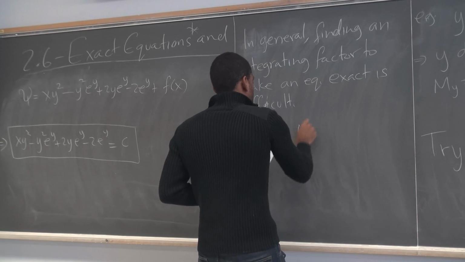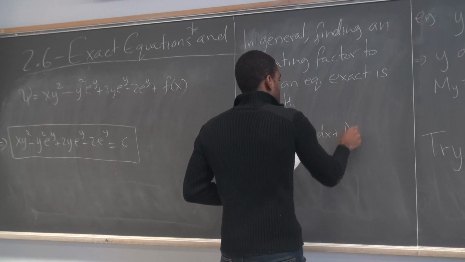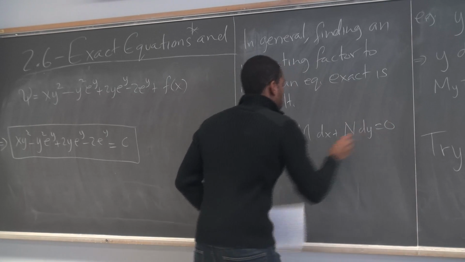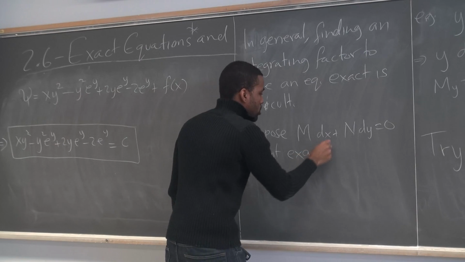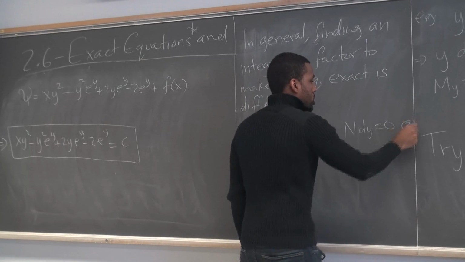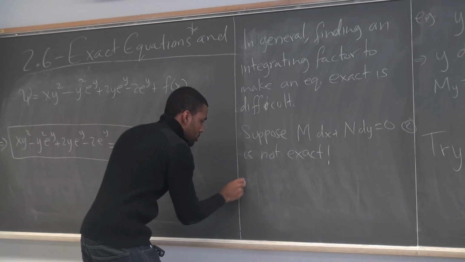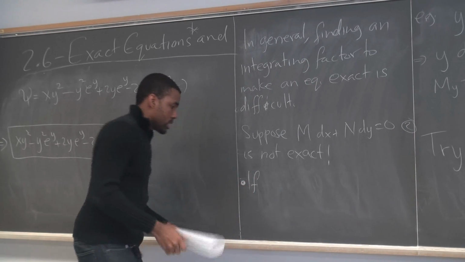Suppose we have M dx plus N dy equals 0 that is not exact. So suppose we start with something that's not exact, call this equation 2. Then you have these conditions.